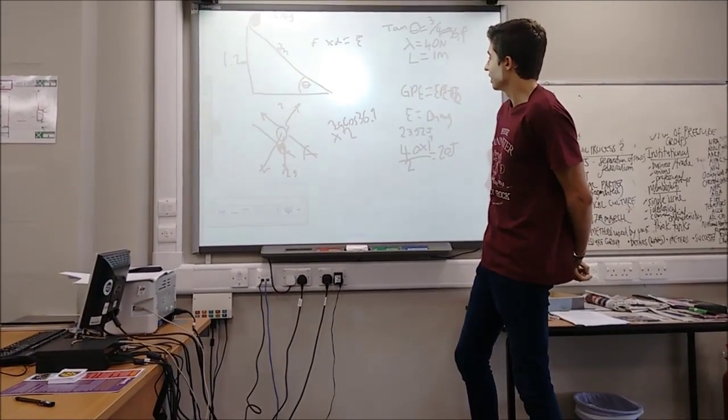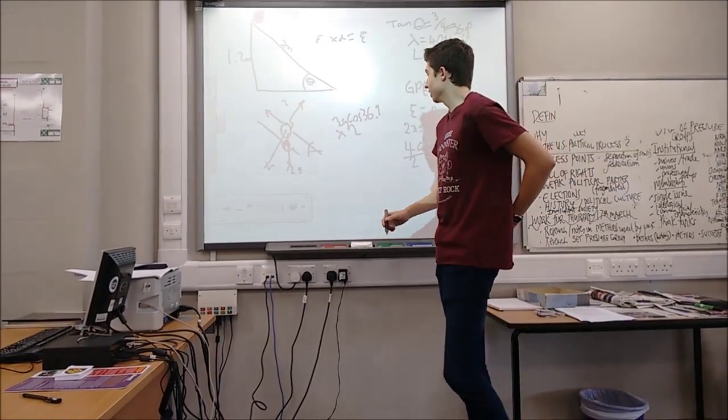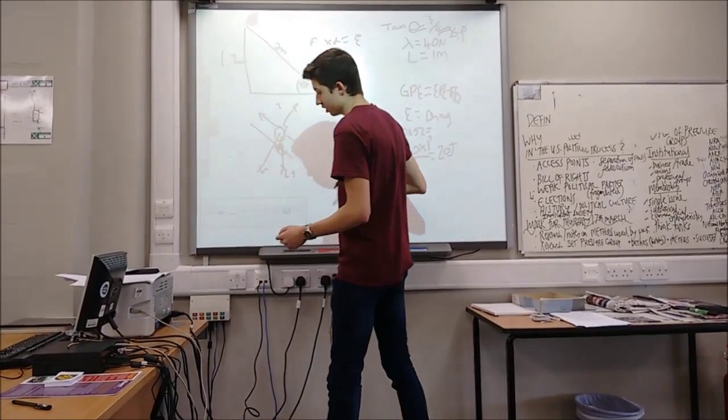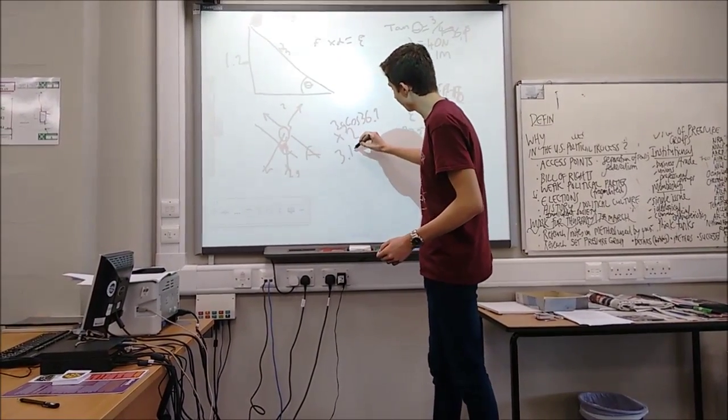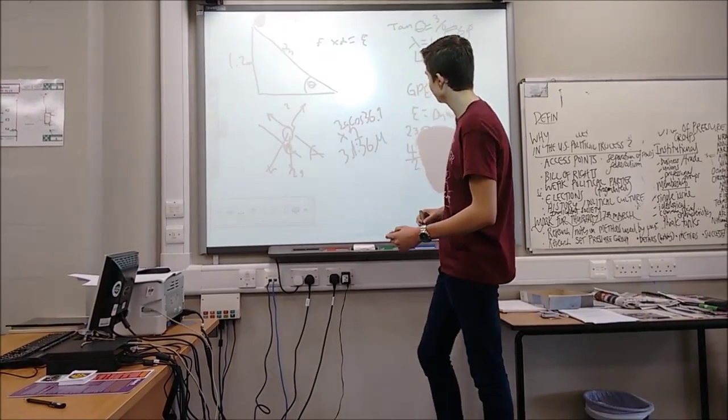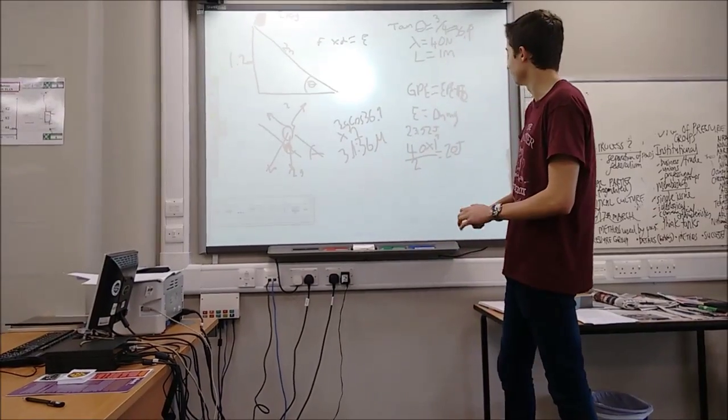But we don't know, it has to be F equals mu R, and so we're going to put it in terms of mu here. And so the total energy lost to friction is 31.36 mu. We don't know what mu is, and that's what we're trying to find out.